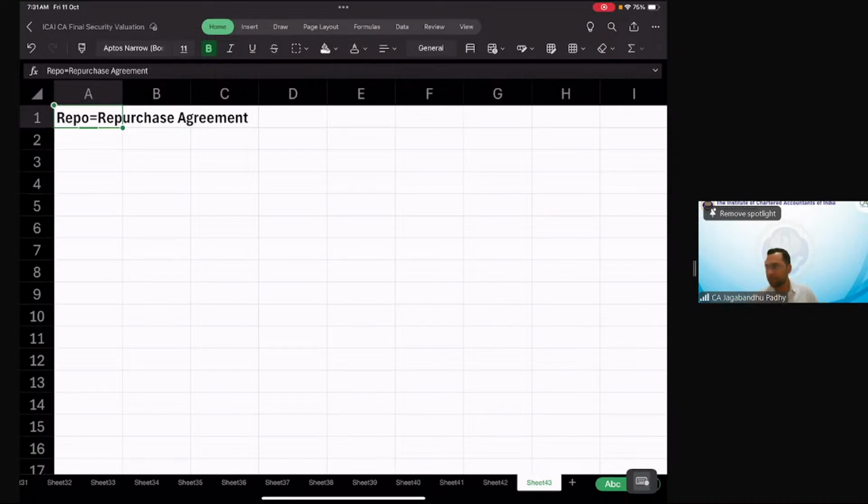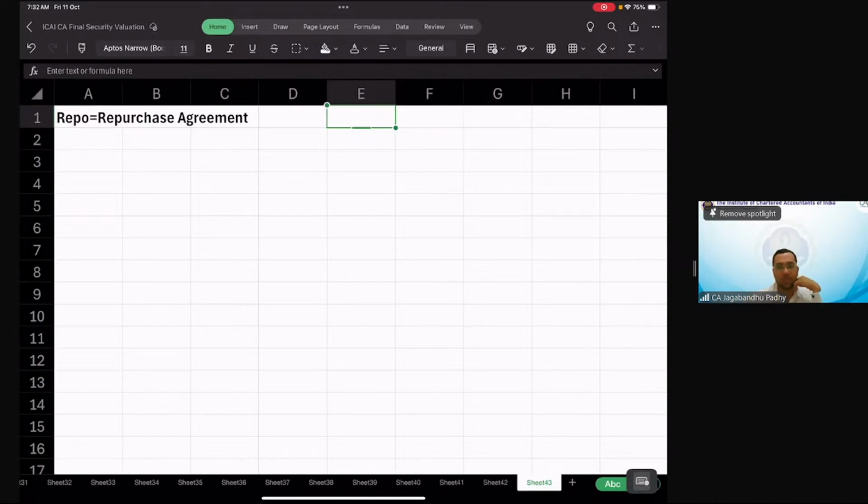What is the purpose of Repo? We had an MPC meeting of RBI just yesterday. What was the outcome, guys? Did RBI increase the repo rate or decrease the repo rate? There wasn't any change, right?